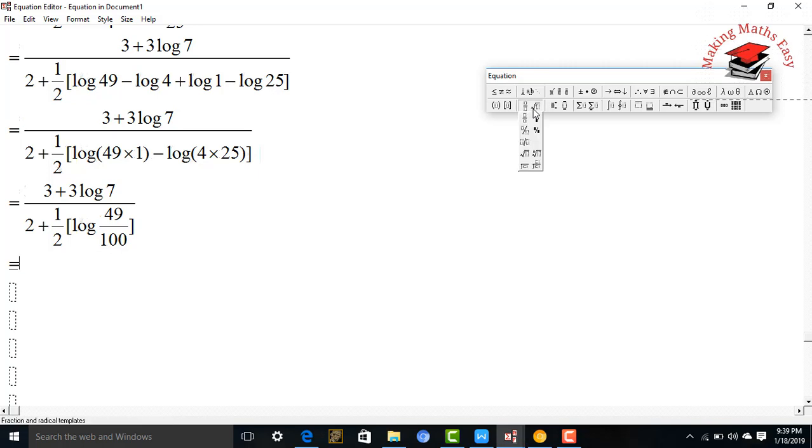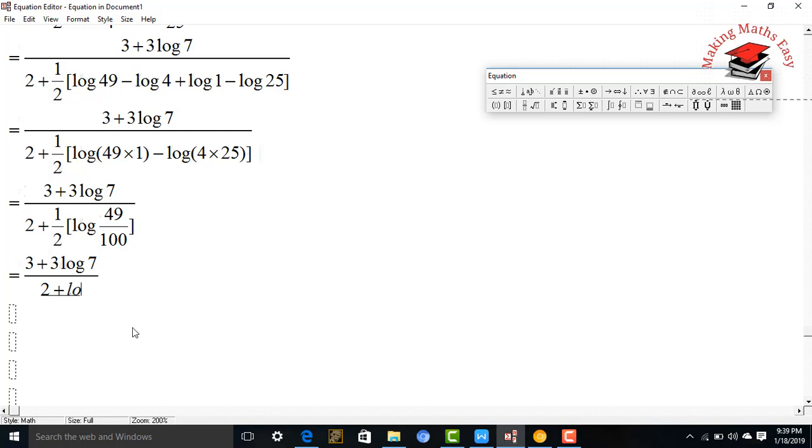Now it is 3 plus 3 log 7 divided by 2 plus, now it is 1 by 2. What is 1 by 2? If it is in the front side of the logarithm, 1 by 2 goes to the power.